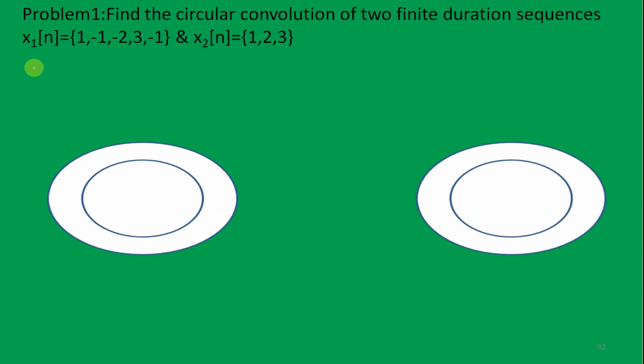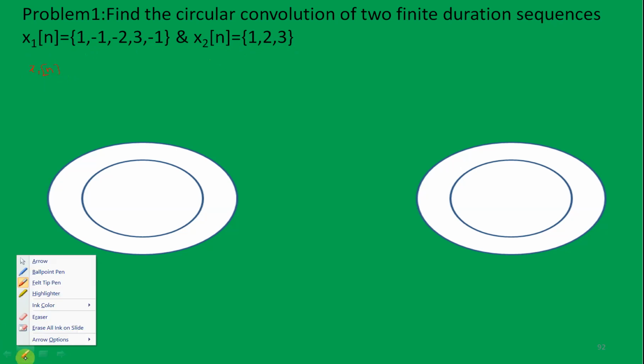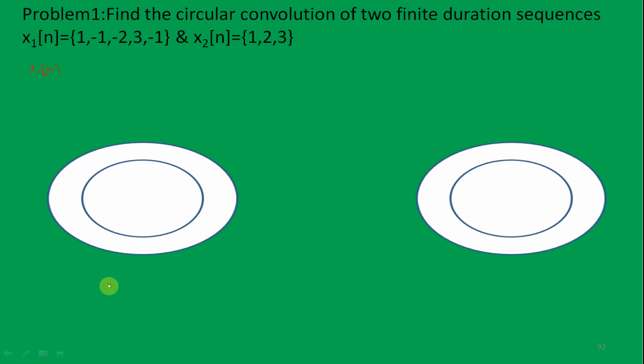If you observe, x1 of n has length L equal to 5, counting 1 2 3 4 5, and x2 of n has length M equal to 3.